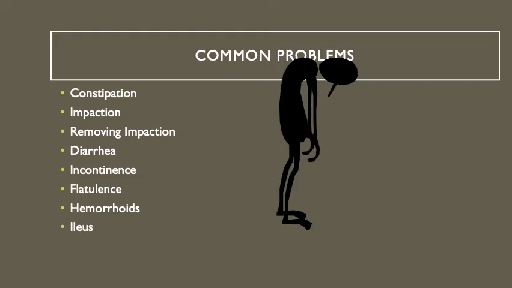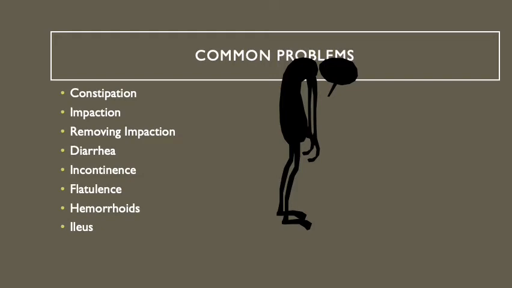Okay, so we did incontinence, which is the involuntary passage of stool. It could be from impaired sphincter tone or function, or it can be from a spinal lesion, or even from a lesion in the central nervous system. Incontinence typically happens as patients are expiring.